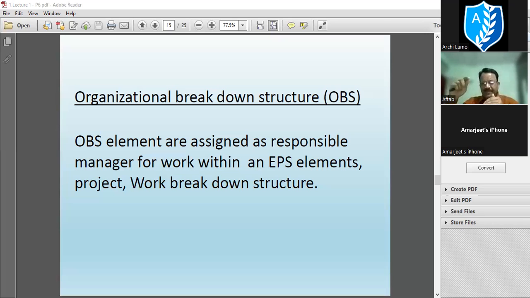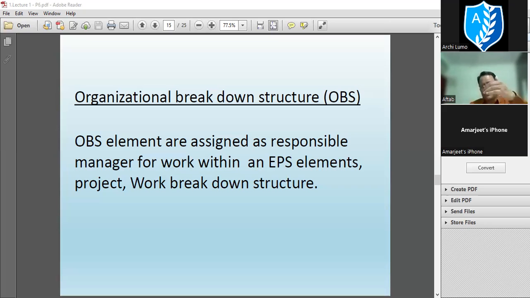So the company has its departments, maybe an infrastructure department, under civil, a building department; in electrical, some power station department; in mechanical, some motor department. In the motor department, maybe Jaguar, maybe Maruti, that will be the project.